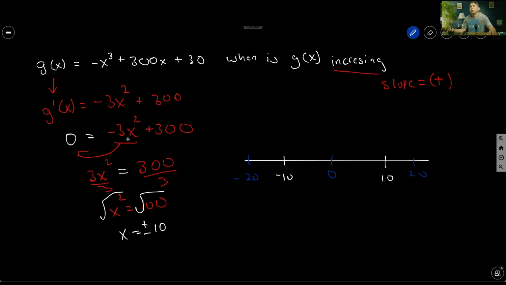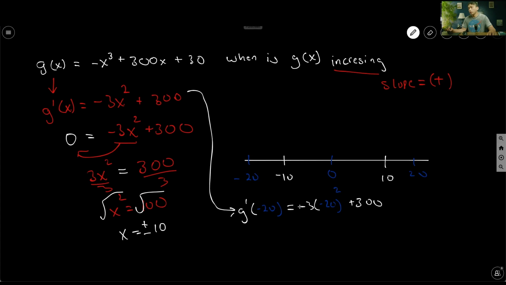So now let's go back to our derivative equation and plug these values in. g prime of negative 20 is equal to negative 3 times minus 20 squared plus 300.